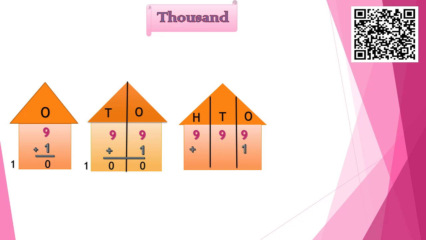After 999, let's add together 9 plus 1, 10. Put 0 and carry 1. 1 plus 9, 10. Put 0 and carry 1. 1 plus 9, 10. We will put the total 10. So 999 plus 1 will be our new number, which is 1000.